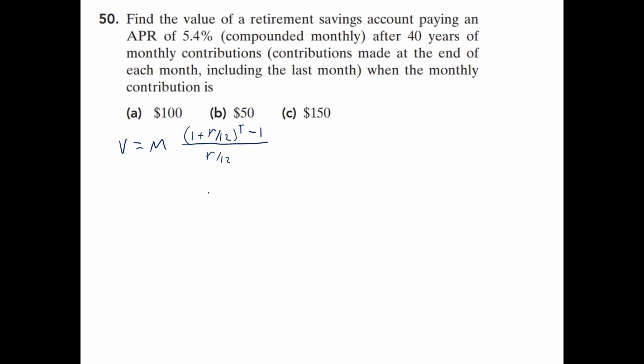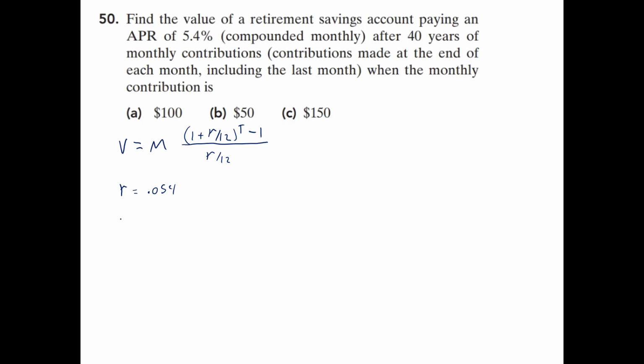Okay. So I have to figure out what everything is. Find the value of the retirement savings account paying an APR of 5.4%. So you know that your R is 0.054. Compounded monthly, after 40 years of monthly contributions made at the end of each month.